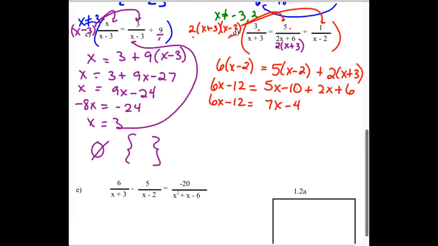Getting x's to one side, I can subtract the 6 of them over to the right, which leaves me 1. And adding the 4 over to the left gets me negative 8. Was that one of my excluded values? No. All right, so the solution is negative 8.